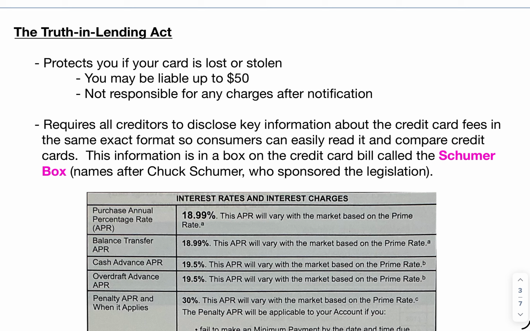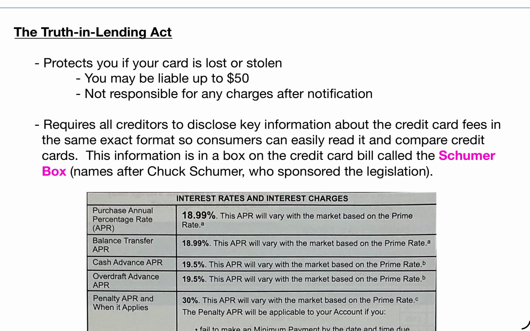Okay, now, it's important to understand the Truth in Lending Act, and that is an act that protects you as the consumer if your card is either lost or stolen. It is possible that you might be liable for up to $50, but you're not responsible for any charges if you notify the issuer that your card was lost or stolen.